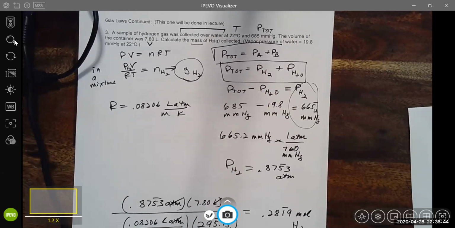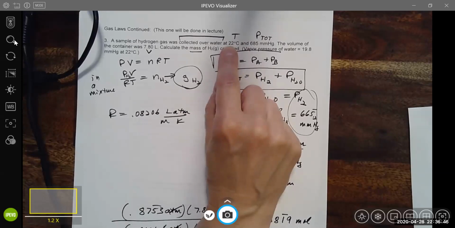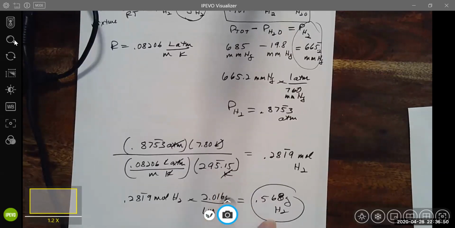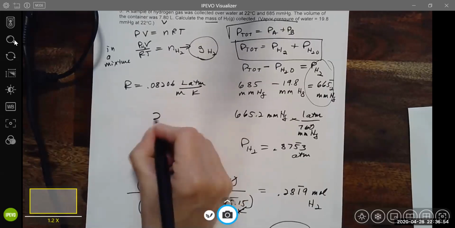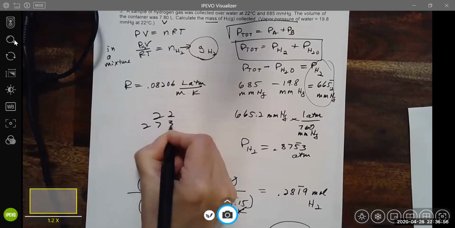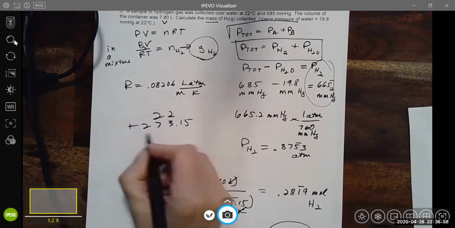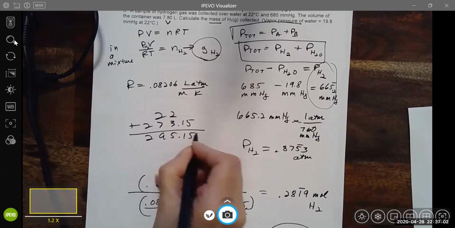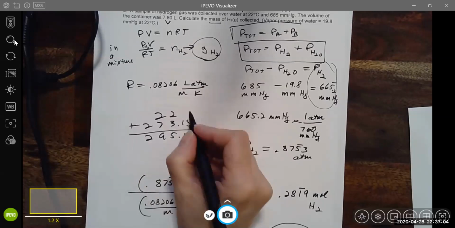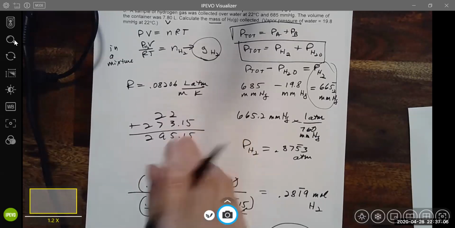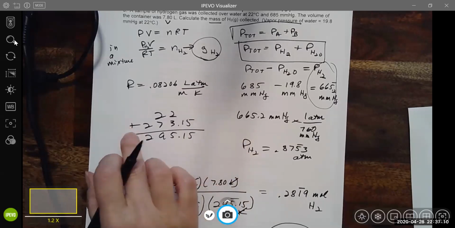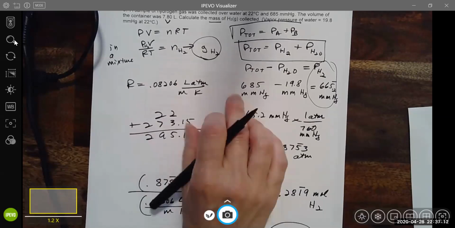Sig fig wise, some people get a little confused because they say there were only 2 sig figs here, so why did I end with 3? Well, that's because of how I got the temperature into Kelvin. This is adding, so I don't count the sig figs in my temperature. I count the decimal places, because for adding, we count decimal places, just like for subtracting over here.